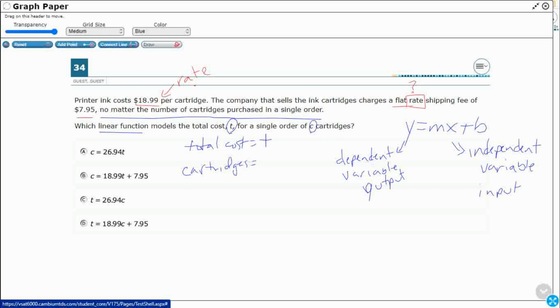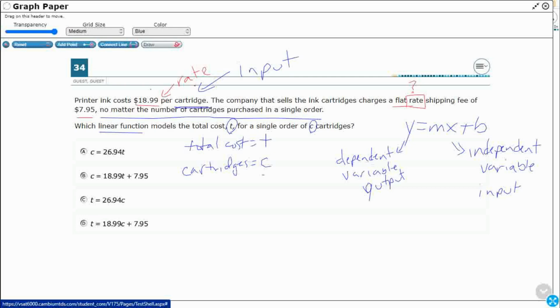So what do we know about the cartridges? What do we know about the cost? Well, look, we've got $18.99 per cartridge. Okay, so it looks like we're going to multiply this $18.99 per that cartridge, per that c. So if it depends on how much we do per cartridge, that to me looks like my input. Okay, so that's my input right there. I'm inputting the number of cartridges I'm buying.